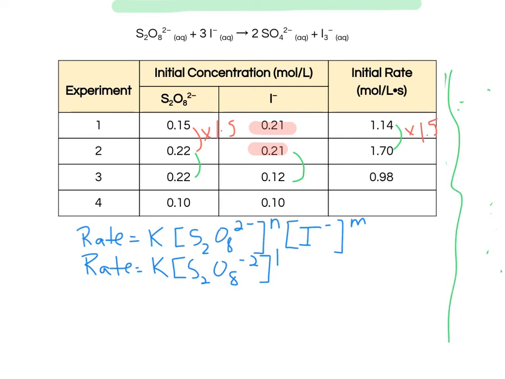I have 0.21 divided by 0.12. That's from the change from experiment 2 to experiment 3. And I'm getting 1.75. So I know that this is changed by 1.75.